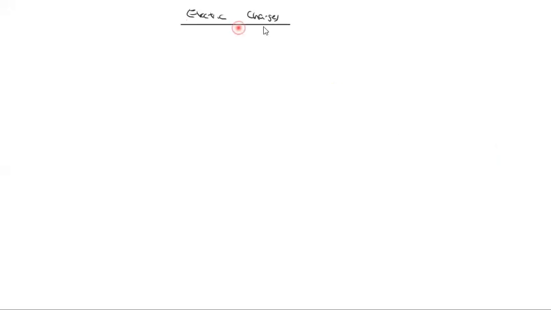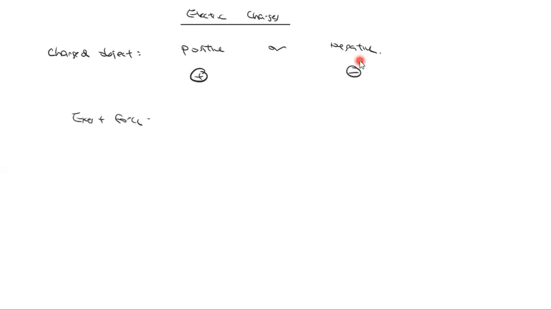So we're basically going to be looking at electric charges today. Now, we know that things can be charged either positive or negative. And we found that they'll exert forces on each other.